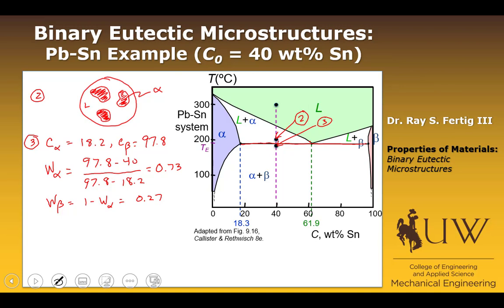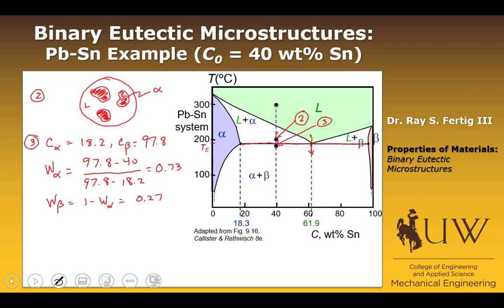So what happens during the transition is that the liquid portion goes through the eutectic transition and creates a eutectic microstructure. So the microstructure that emerges in this problem is what we showed here from 2, except now we replace the liquid with a eutectic microstructure.